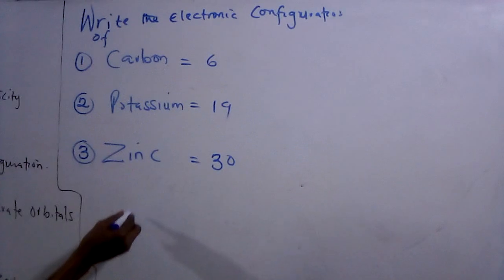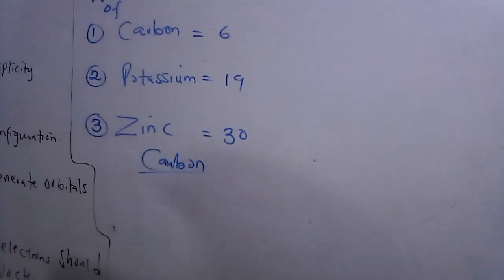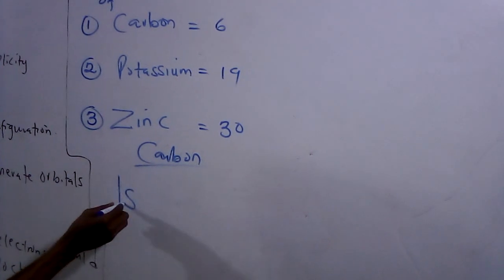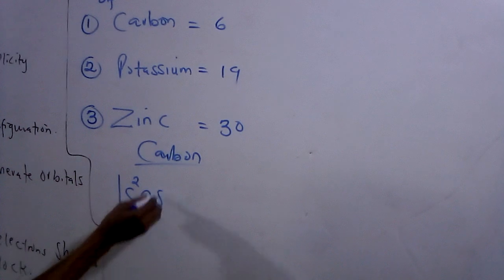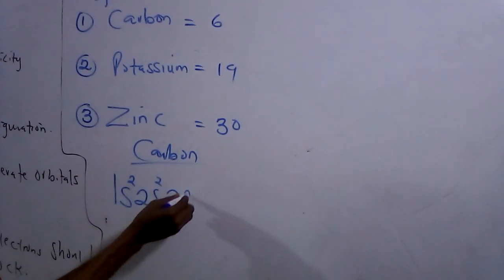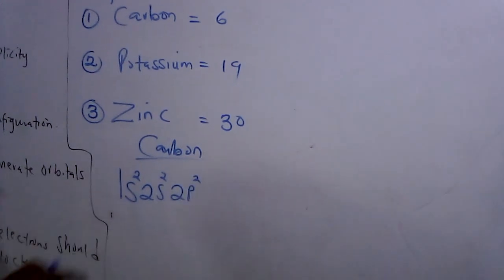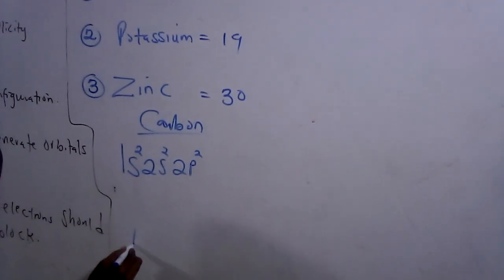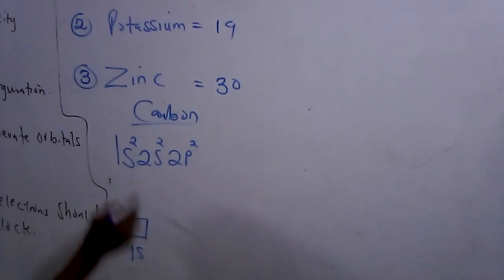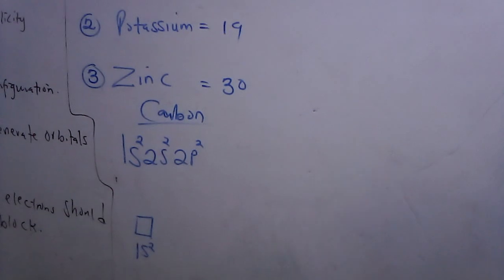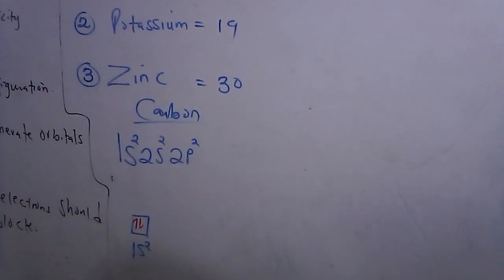Now, let's take a look at carbon. Remember in our previous series we said that we start with the 1s. 1s2, the s has a maximum of 2 electrons. We have 2s2 and we have 2p2. Using this to explain Hund's rule, here I have my first and lowest energy level, 1s2, with 2 electrons, one spinning up and one spinning down.